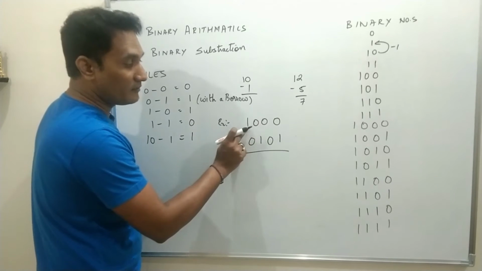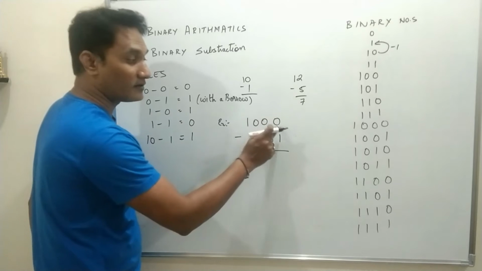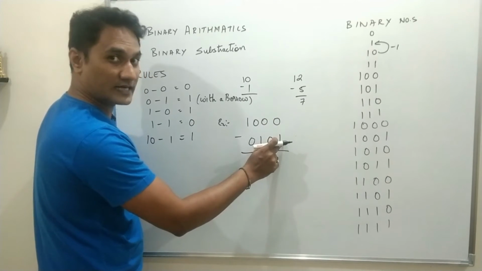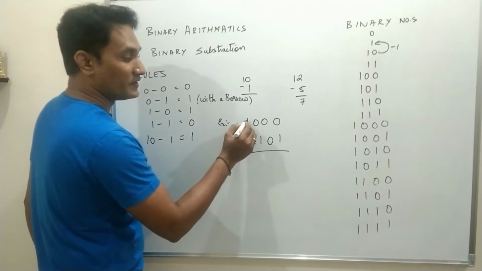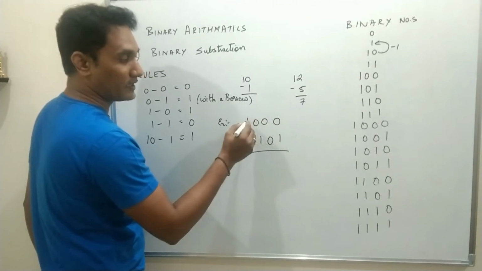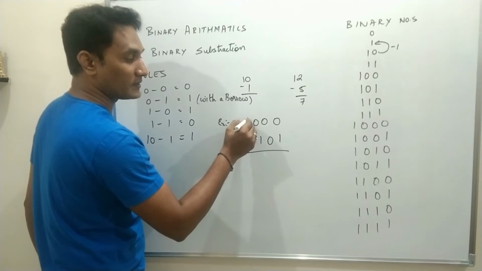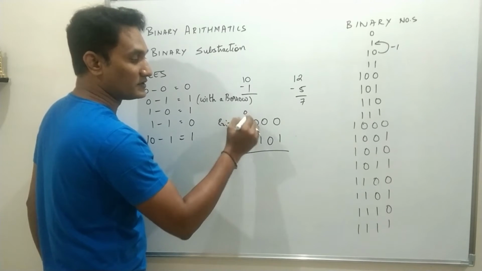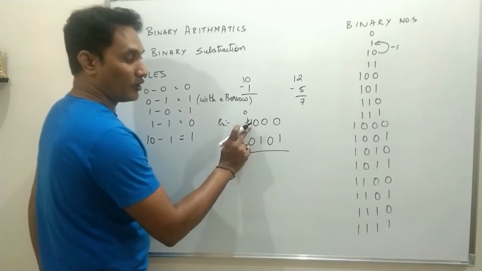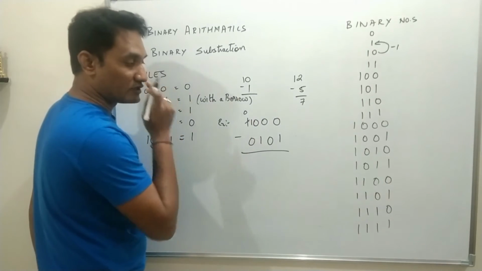So you have to generate a borrow from the MSB for the LSB to make it 10, so that we can perform the subtraction. This 1 we have to take as a borrow to the next lower place. So this 1 will be reduced by 1: this becomes 0, and this becomes 10. So the borrow has been transferred to the next lower place.